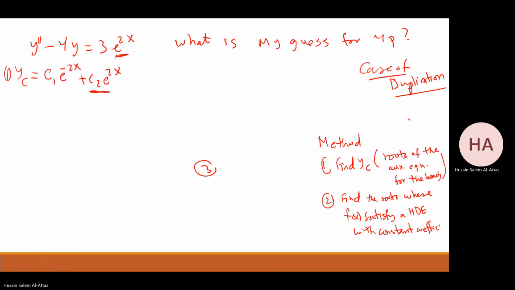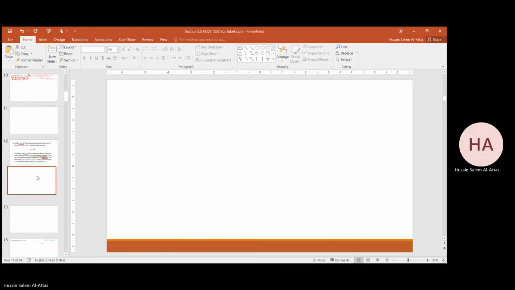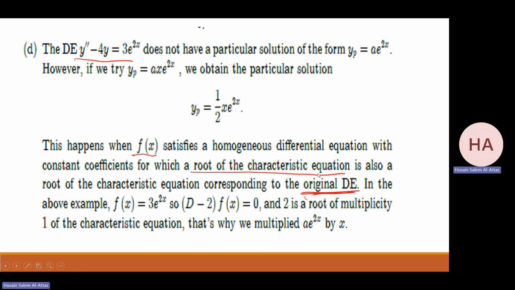Let me write the method here better. The method: Ly equals f of x until now.